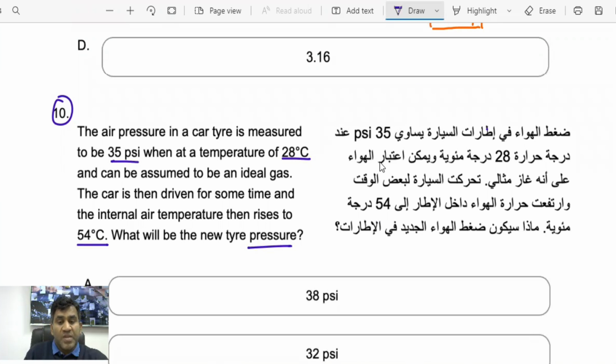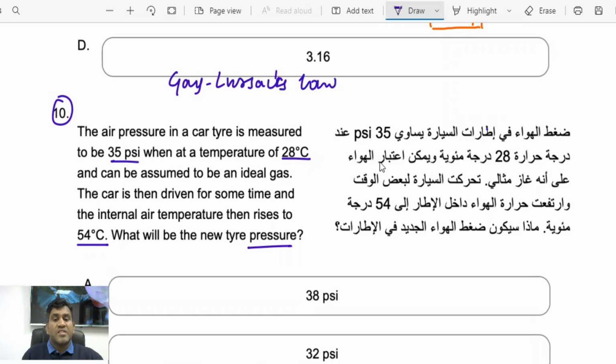Which concept is it related to? It is Gay-Lussac's law, also called Hamilton's law, which is about how the pressure and the temperature are related.